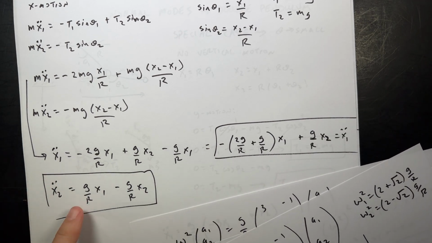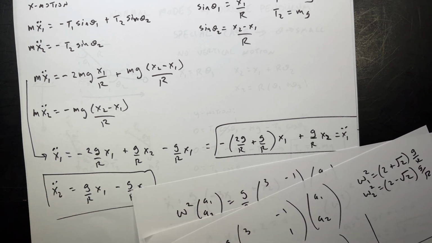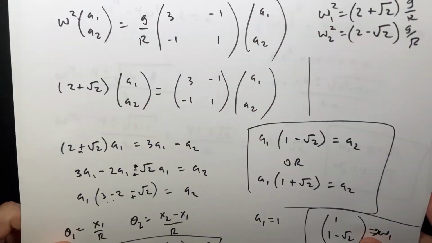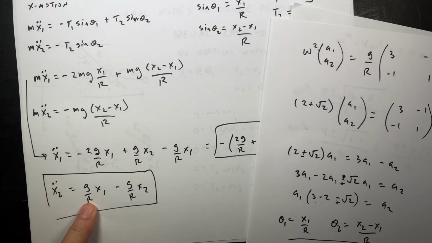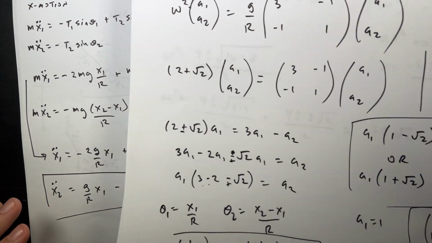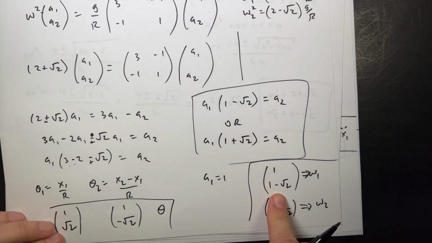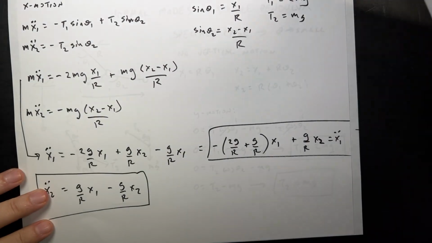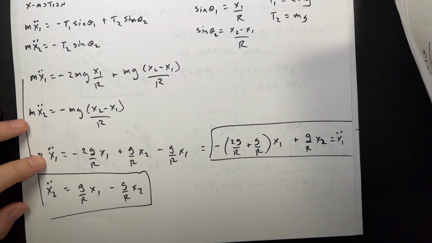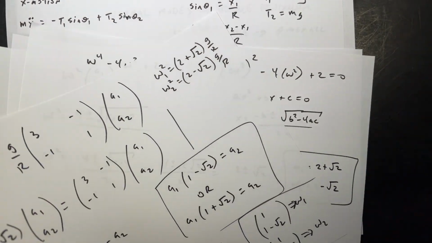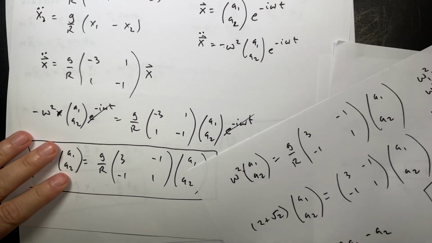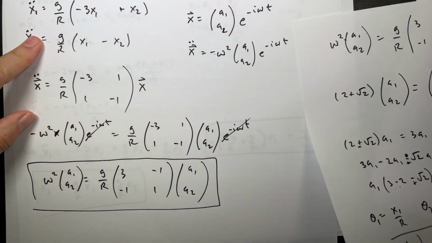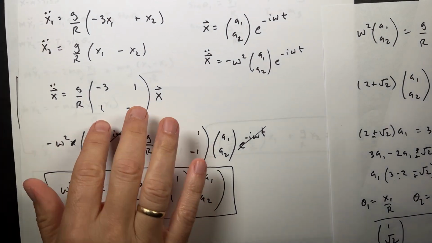I do need to pick values for g and r. I know g, and the mass doesn't matter. So let's use a radius of 0.1, 10 centimeter lengths, and then I'll put in initial conditions and see if it's a normal mode. I'm not going to model it in 3D, I'm just going to plot it. So I am going to need these two equations right here, x1 double dot and x2 double dot. Okay, let's model those.